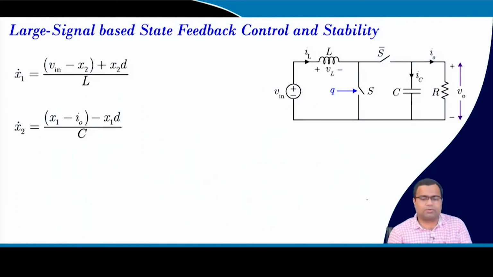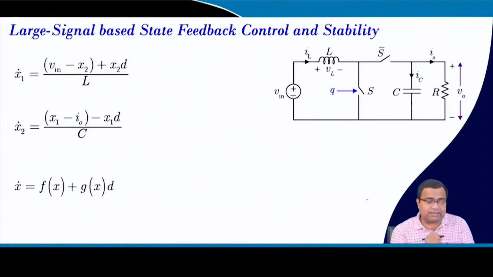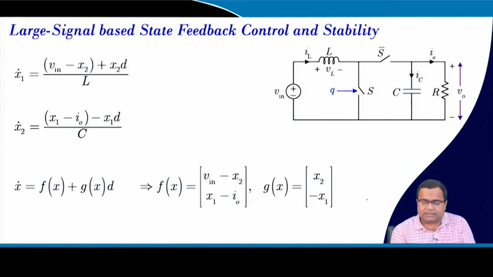So, this we can discuss. Now, we can represent this in the format x dot equal to f(x) plus g(x) into d, where we can write f(x) and g(x) in this format by rearranging.